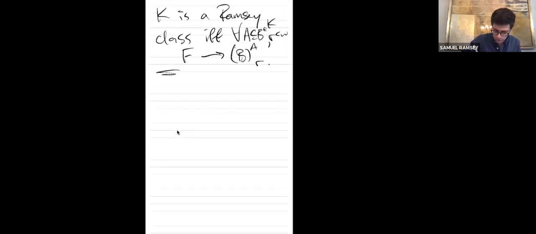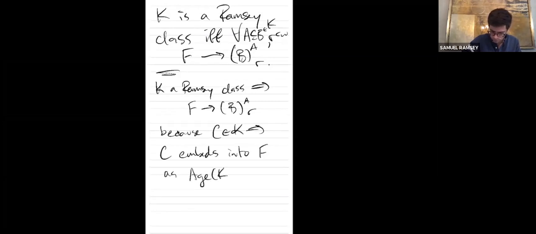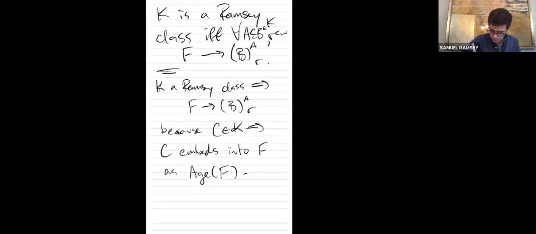So K a Ramsey class implies F arrows B superscript A sub r, because C in K implies C embeds into F, as age F equals K. What do I mean?